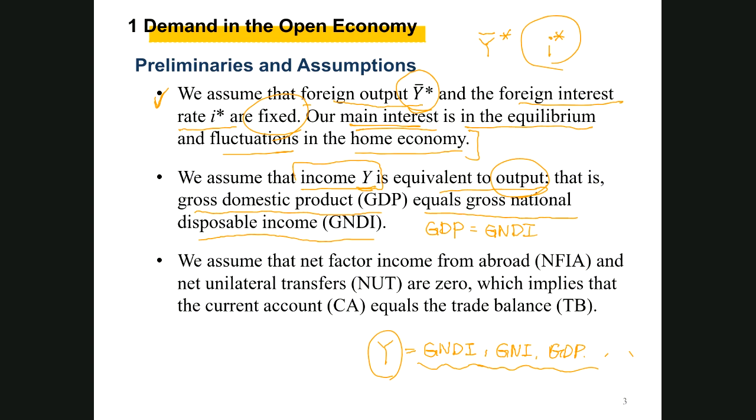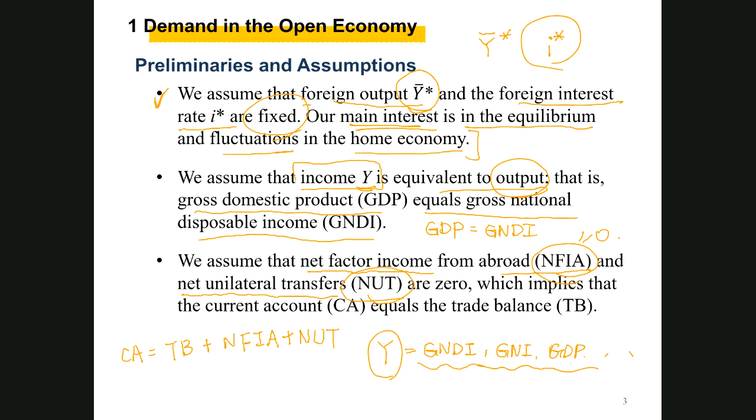And we assume what? We assume the net factor income from abroad and net unilateral transfer, those two terms, are equal to 0. Remember, the current account by its finest definition is equal to the trade balance in goods plus the net factor income from abroad plus net unilateral transfers.